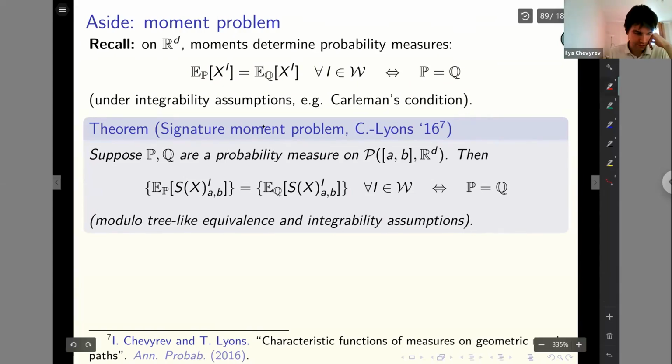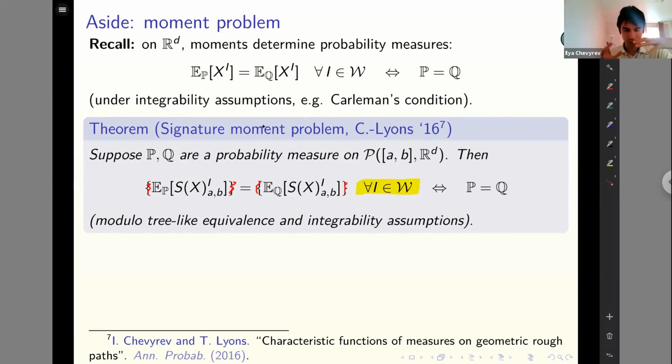So if the signature associated to the ith word under the probability measure P is equal to the signature associated to the ith word under the probability measure Q for all words I, then this is equivalent to P being equal to Q.